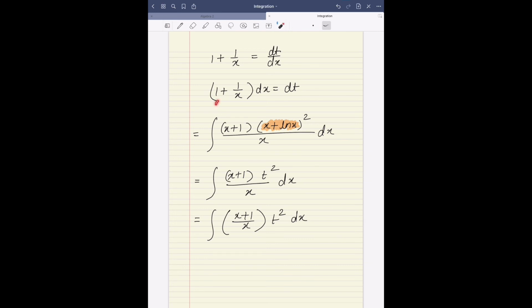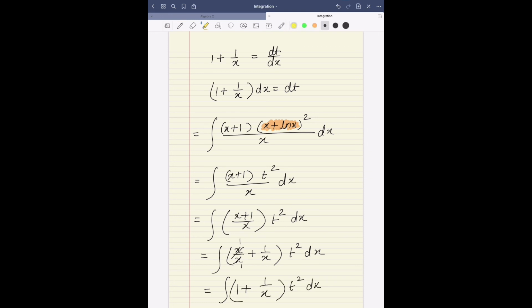So right now it doesn't look like it's going to replace, right? So what do we do? We change, or we divide. We perform a split division. So x by x plus 1 by x t square dx. Then you cancel this x and x, you get integral of 1 plus 1 by x t square dx.